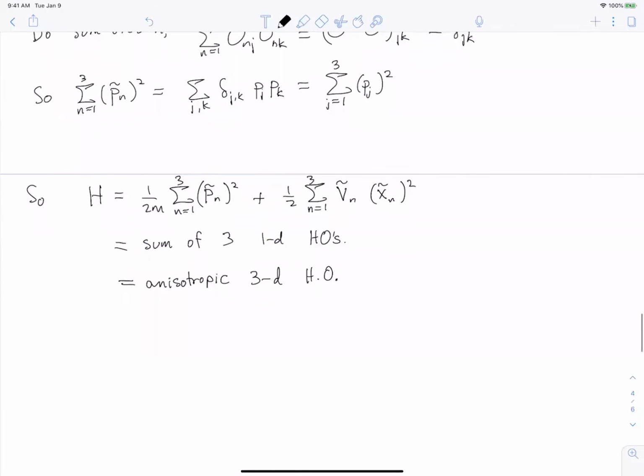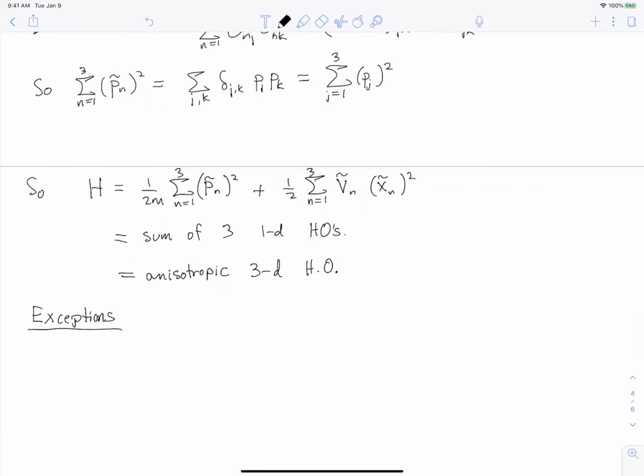But there are some exceptions to this, because there are some cases where the Taylor series expansion doesn't work. So one is the free particle. In the free particle case, there's no restoring force at all. And so you can't treat it as if it were there.